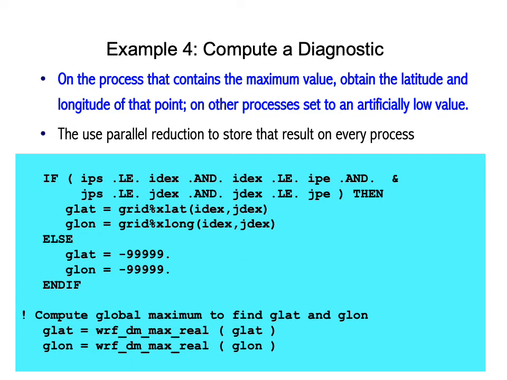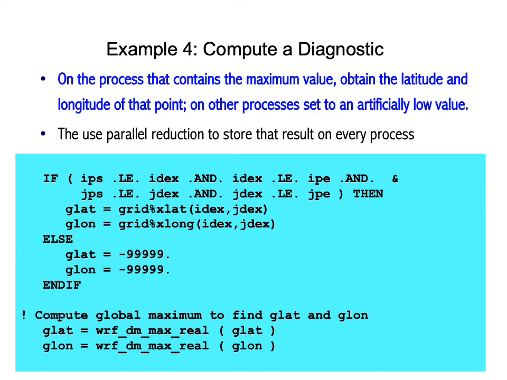So then that allows us to make our second call. Every single MPI process passes back to the master node this GLAT and GLON value, and we ask for the maximum. The latitude is going to be somewhere between minus 90 and plus 90. The longitude is going to be somewhere between minus 180 and positive 180.